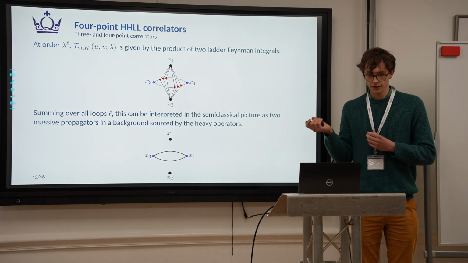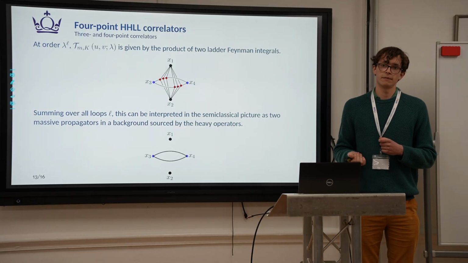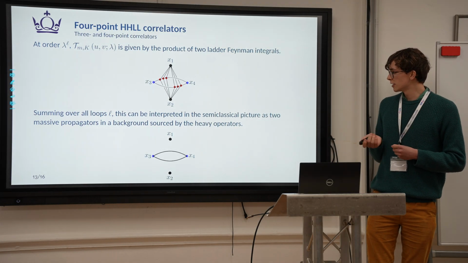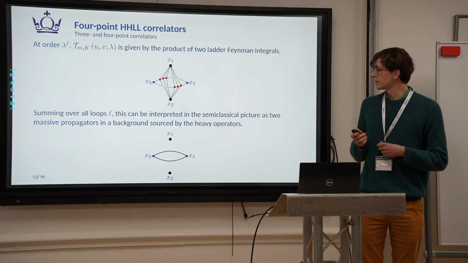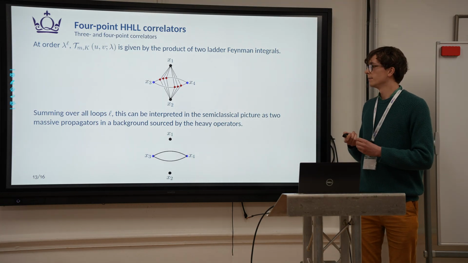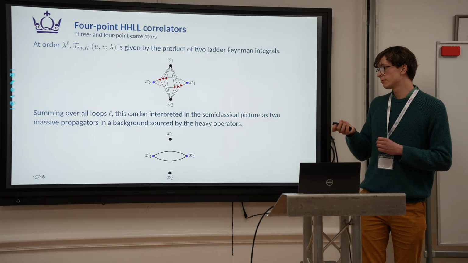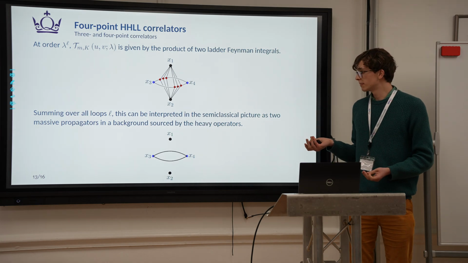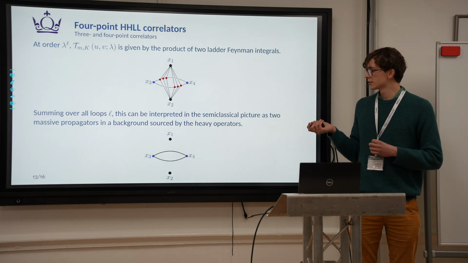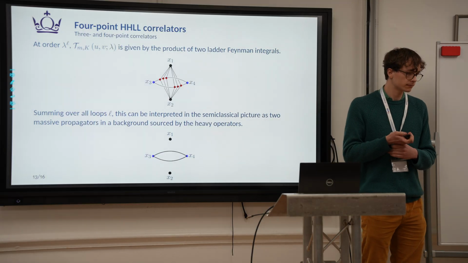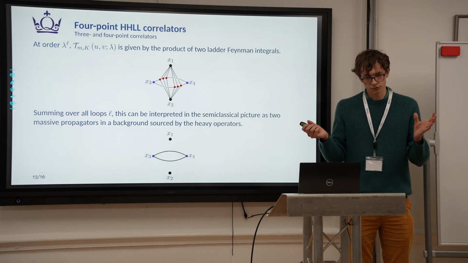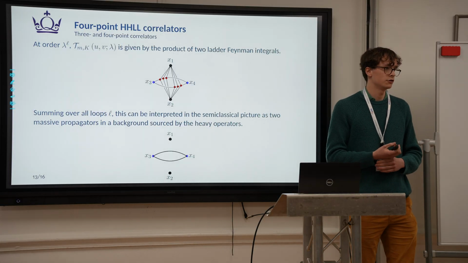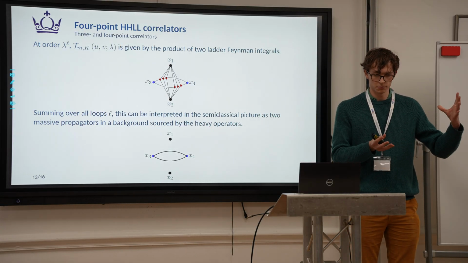If you then sum over all these loop orders, this can be interpreted in the semi-classical picture as two massive propagators between x3 and x4 in a background sourced by the heavy operators at x1 and x2. So it reduces a 4-point correlator down to a 2-point correlator in a deformed background.